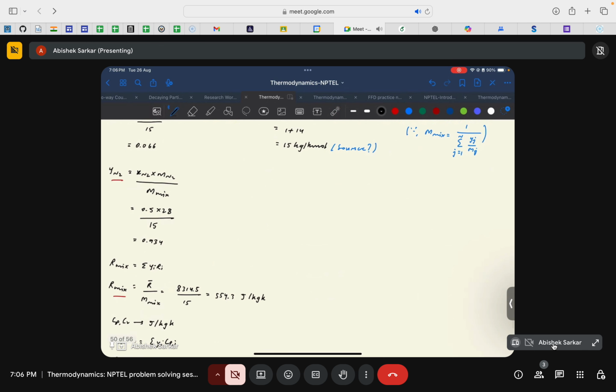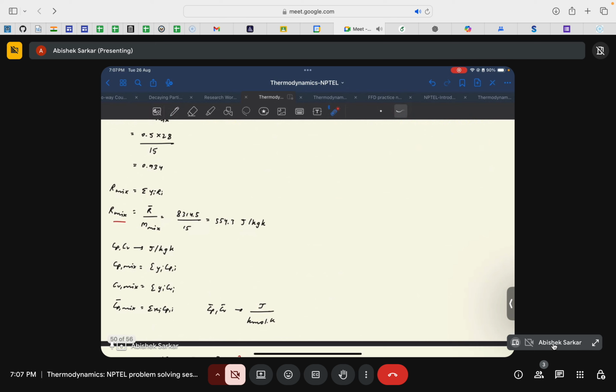We can do either of them because we have yi for individual gas components, and the thing would be to find the specific gas constants for hydrogen and nitrogen, which you need to evaluate. But since we can skip this by using this formula, let us do that. R mix would be 8314.5 divided by 15, which is equal to 554.3 joule per kg Kelvin. If you do this as well, you will get the same result.